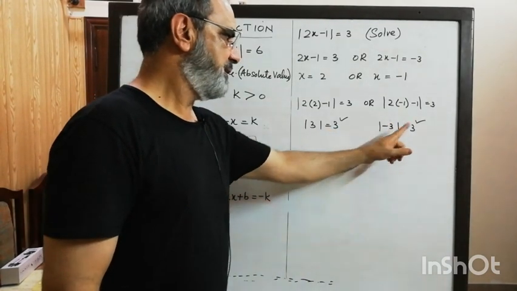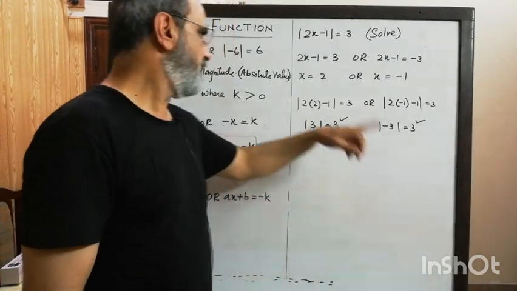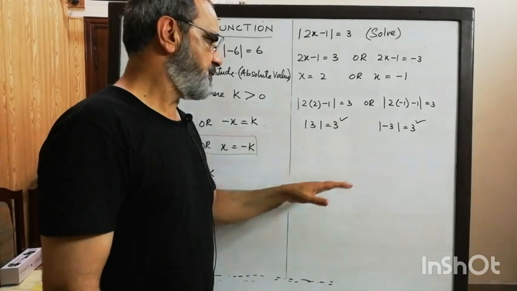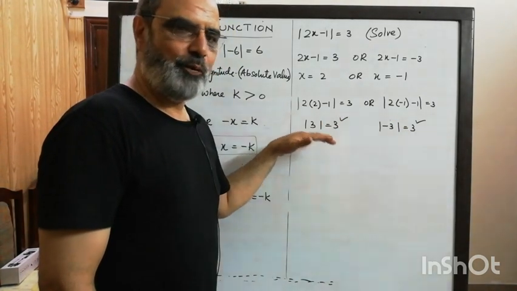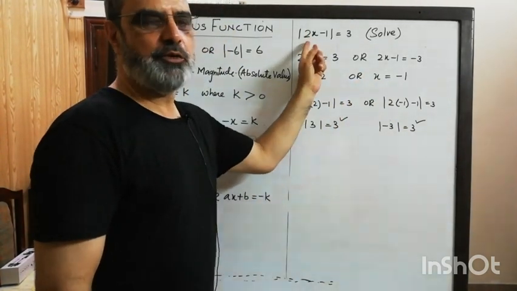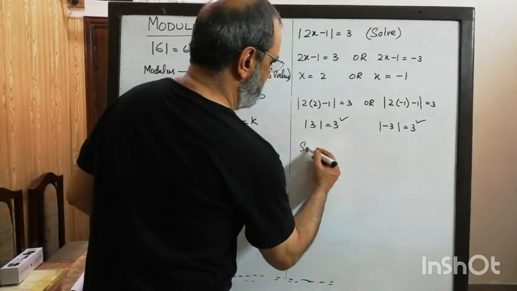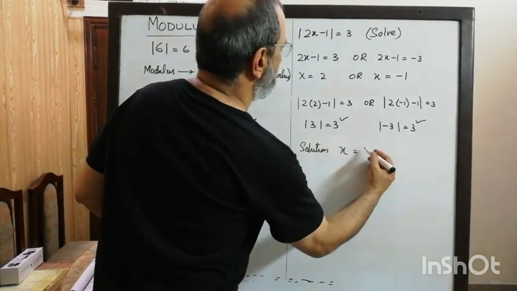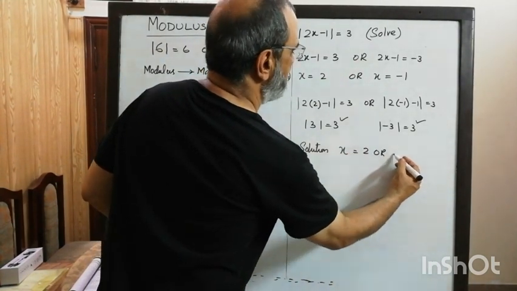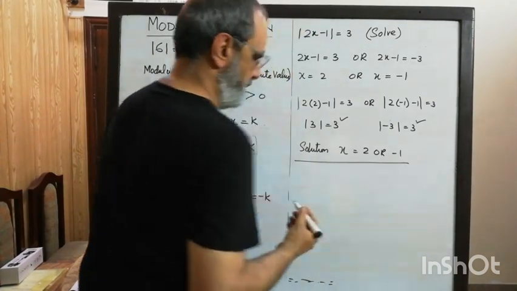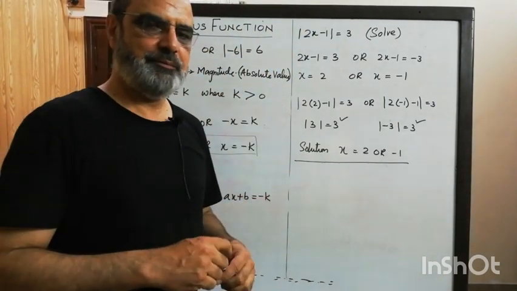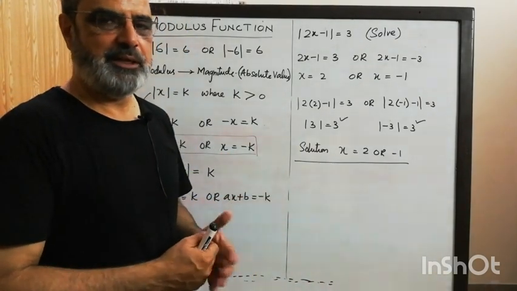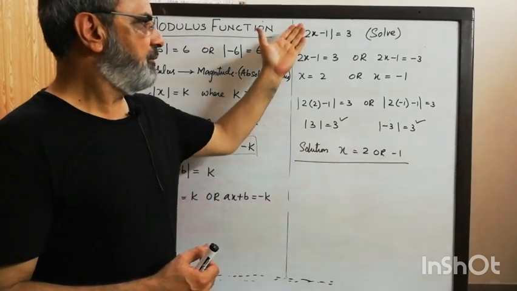Modulus of negative 3 is positive 3. As we have discussed before, the modulus of a positive or negative number is always positive. So both these values of x satisfy the original equation. So our solution is x is equal to 2 or minus 1. This is the basic technique, or we call it the by definition method. By the definition of the modulus, we solve the equation.